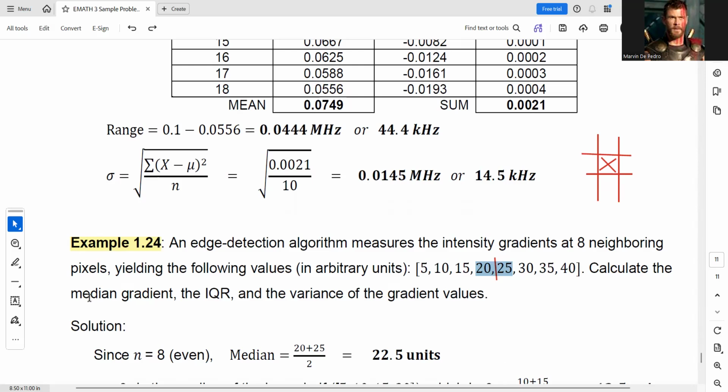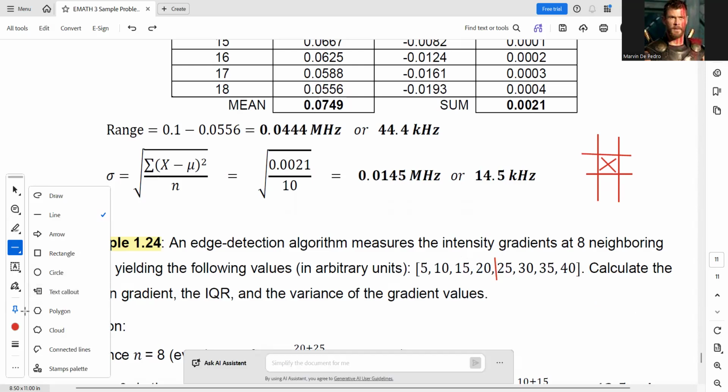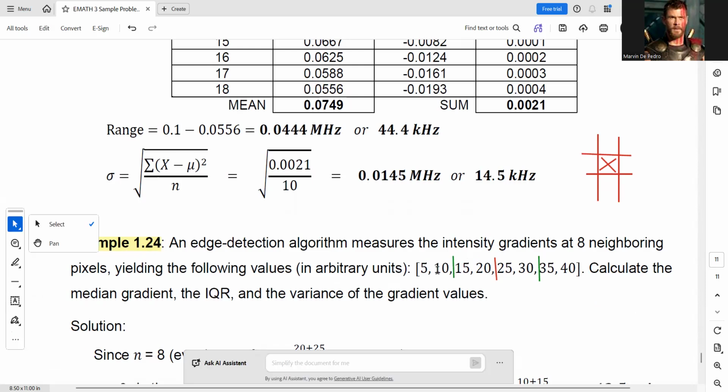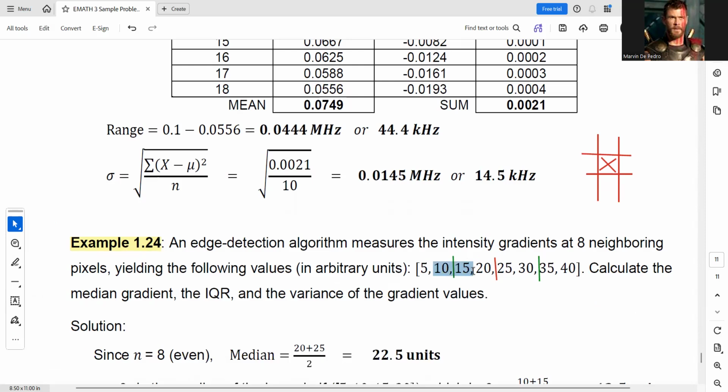Next, we are looking for the IQR. Same process as earlier. We are looking for the median of the lower half and the median of the upper half. For the lower half, we have 4 sample points, so we just take the average of the 2 middle points. 10 and 15, the average is 25 over 2, 12.5.